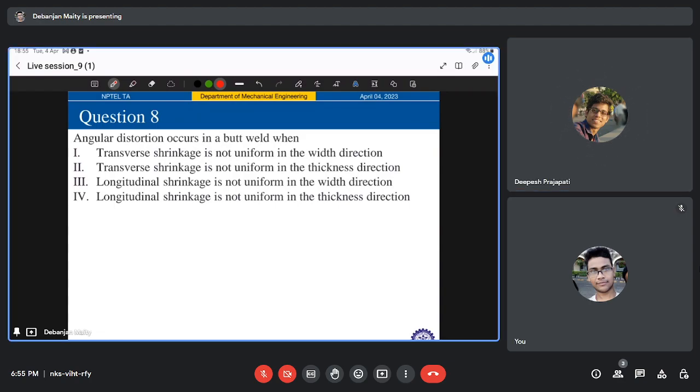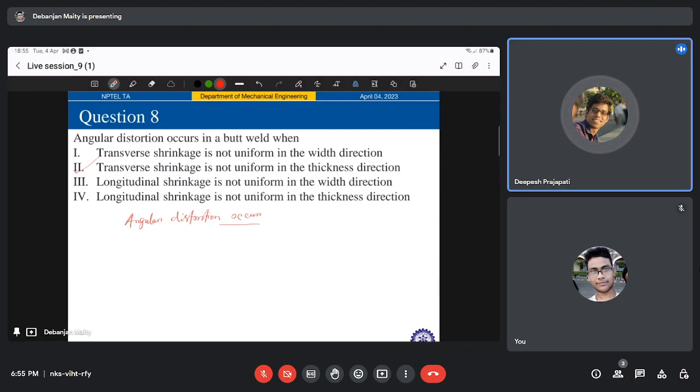So it says your angular distortion occurs in a butt weld when transverse shrinkage is not. Yes. Good. Are these questions common in what you are getting this semester? The assignments.